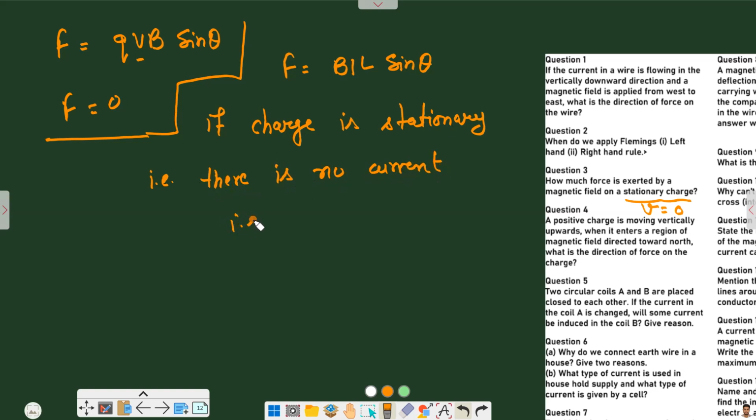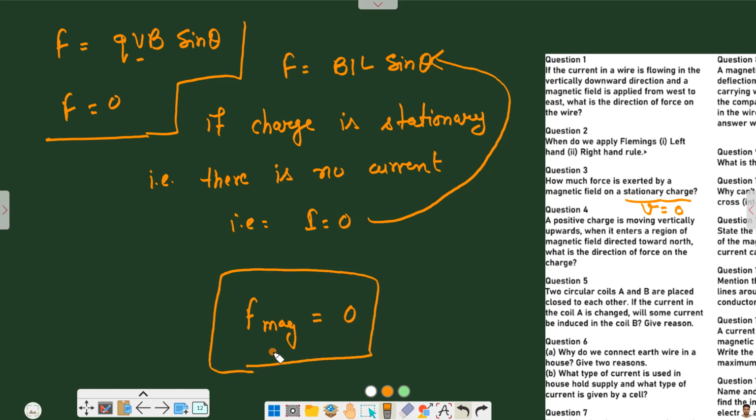It means I is 0, and when you put I equal to 0 here, then you get F magnetic equal to 0. So there is no force on a stationary charged particle in a magnetic field.